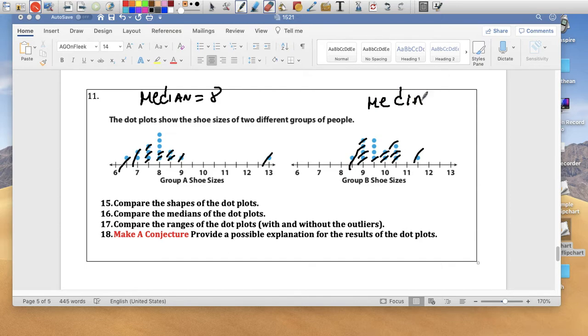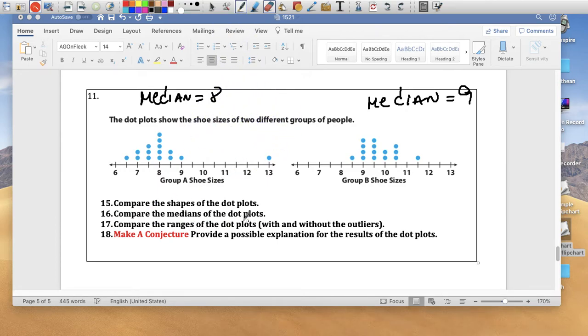So the median shoe size here is 9, which seems about right. They're not asking us to use the mean, so we'll just use the median. We can compare. So the median here is bigger than the median over there. That this had no influence on the median. Remember, when we calculate the median, we just cut it out, so it didn't play a factor. It didn't make the average size of the shoe go smaller or anything.